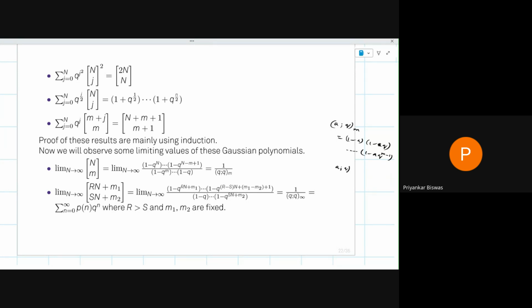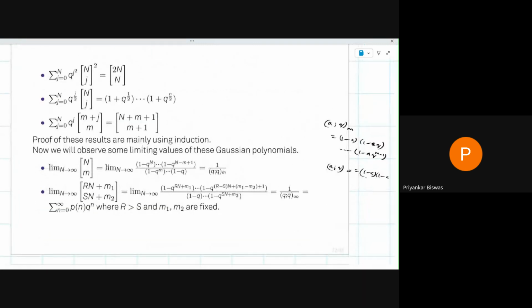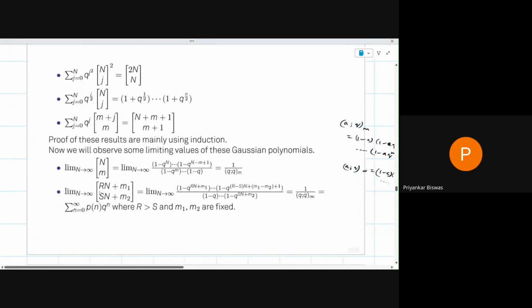And this thing is just 1 minus a, 1 minus aq, and this goes on to infinity. For the next one, Rn plus m1 and Sn plus m2, with capital N tends to infinity, here you can see on the numerator r minus s is greater than or equal to 1.